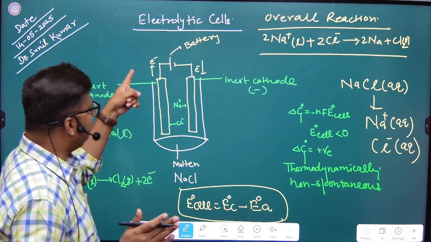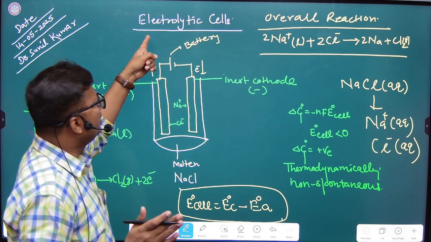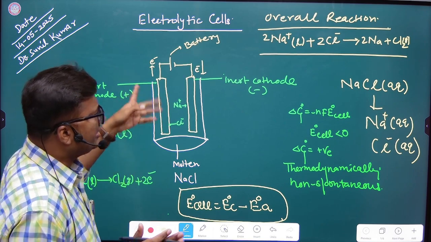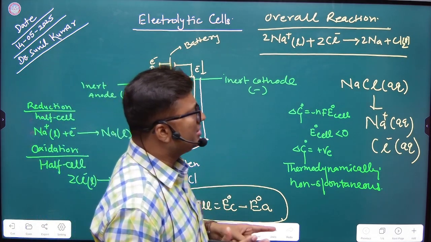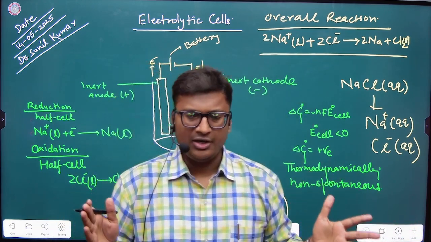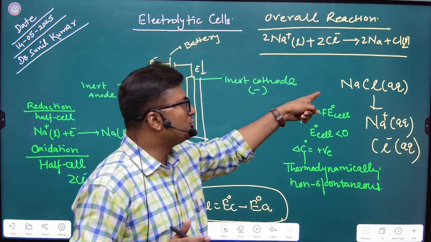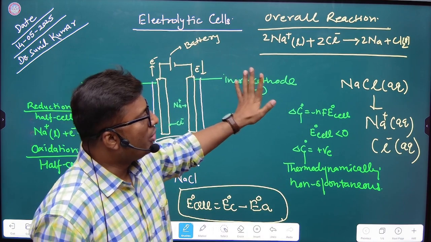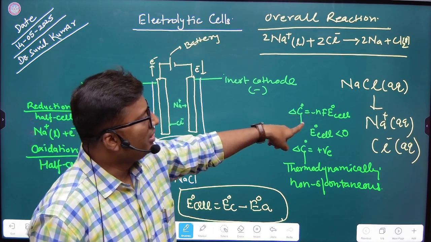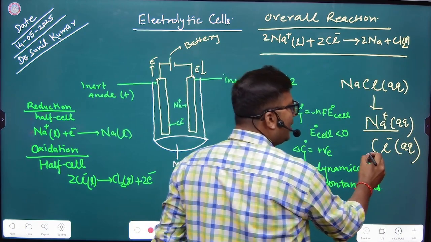So in this particular setup, first, this electrolytic cell has an electrolyte. Electrolyte means any ionic compound that is dissolved in water to produce cation and anion. Suppose we have sodium chloride as an ionic compound, dissolved in an aqueous system, then it will produce Na plus aqueous and chloride ion aqueous.